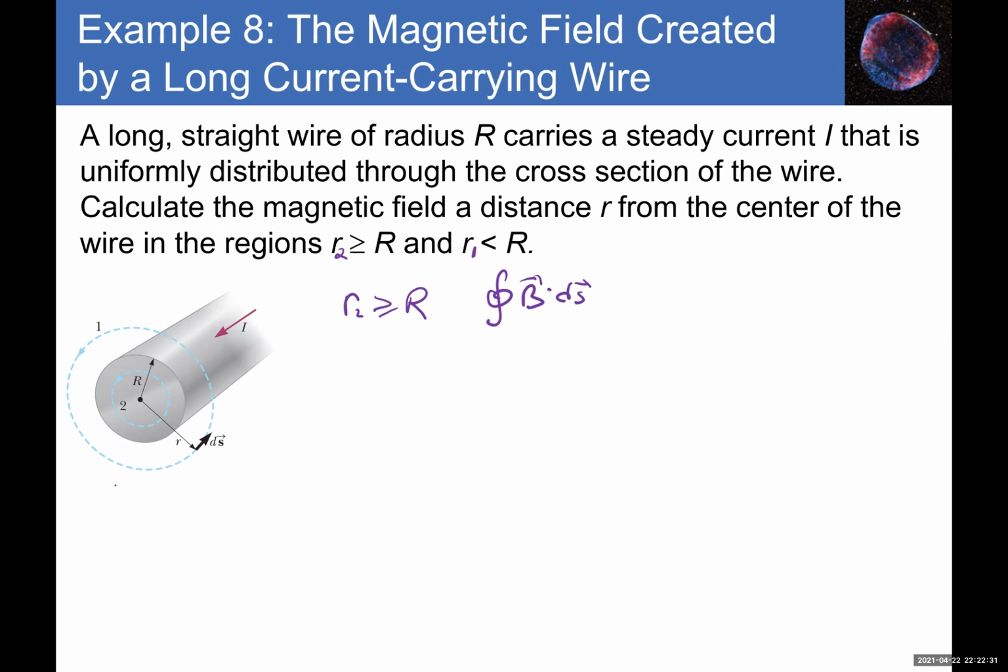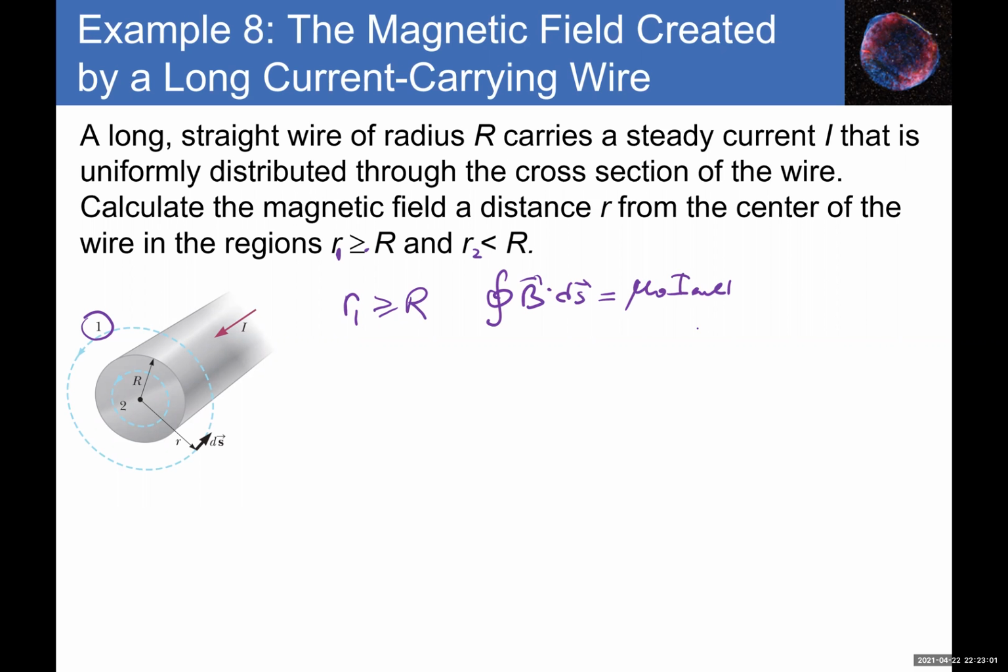I can switch this around, because the picture here says that loop one is outside and loop two is inside. That means this is one and this is two. So this is loop one, and the closed integral of B dot ds is equal to mu naught times I enclosed.